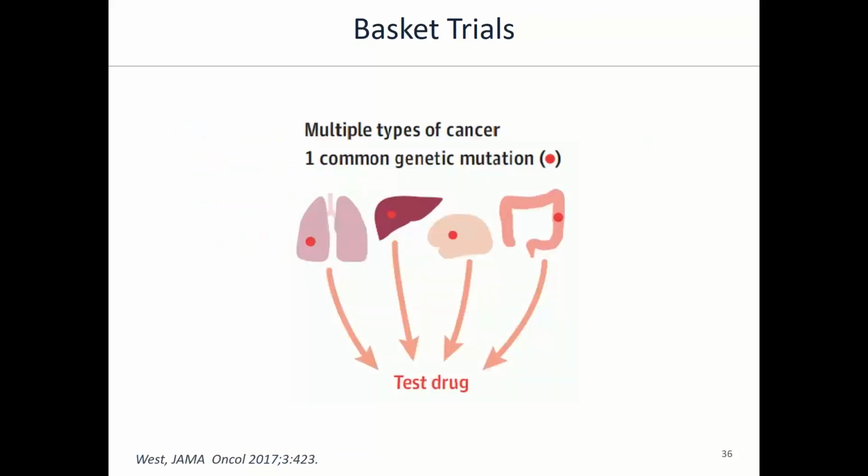A very typical enrichment design is the basket trial, a type of trial we see a lot these days in precision oncology. It is a design in which different types of cancer are grouped together as long as they have one common targetable mutation.